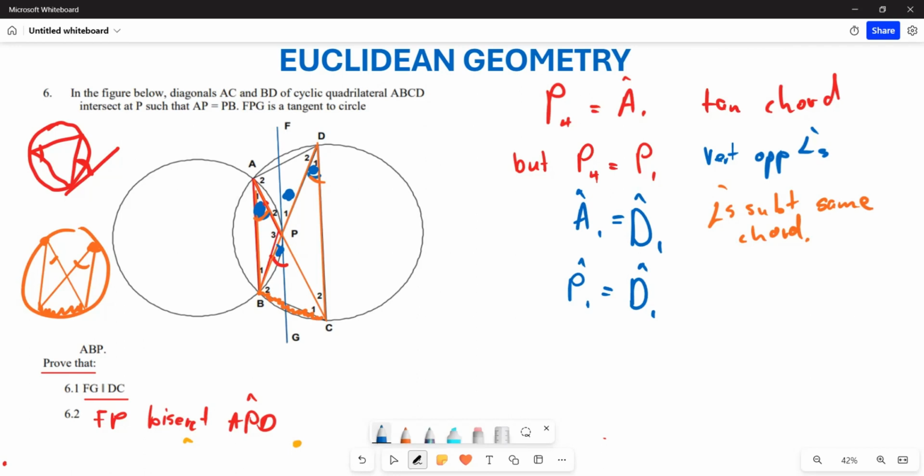So from here, I can conclude that FG is parallel to DC. And why is that?